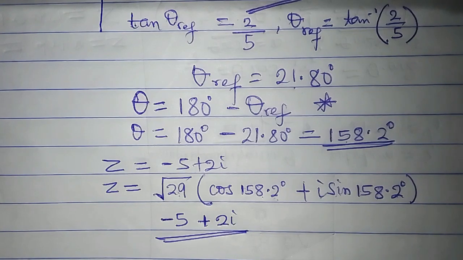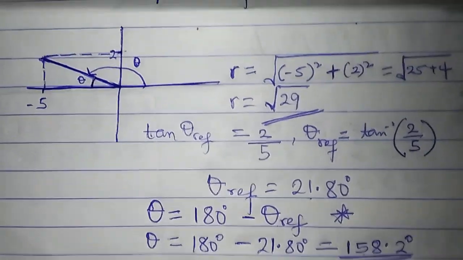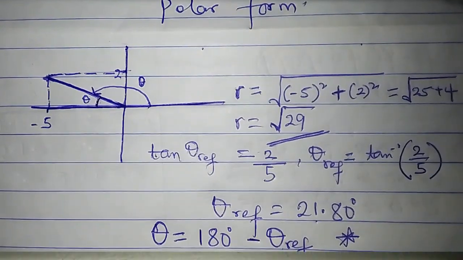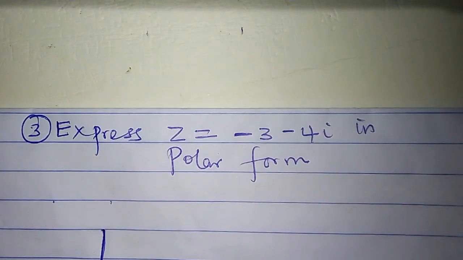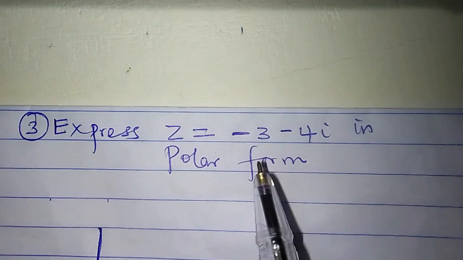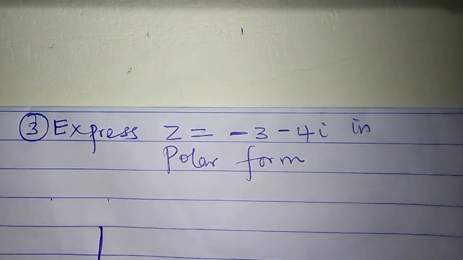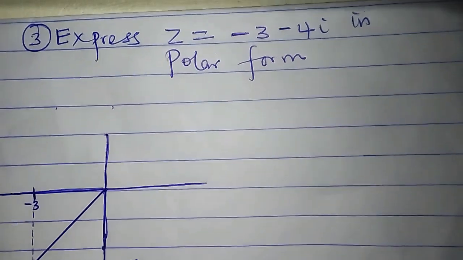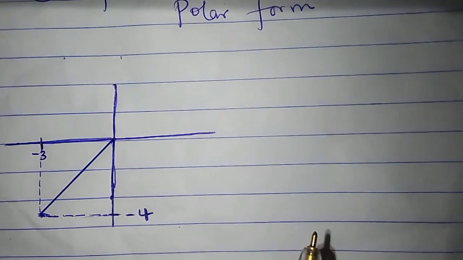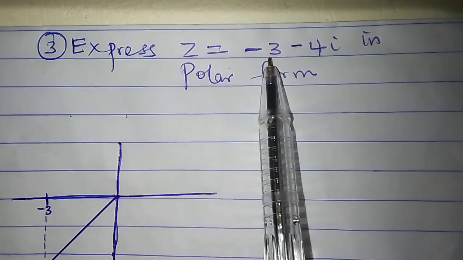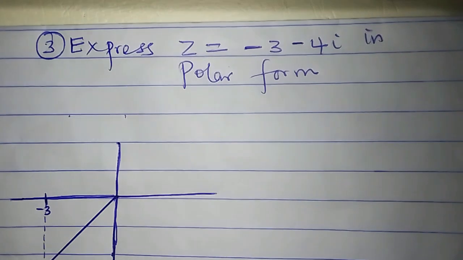Let us see the next question. This time around, the complex number will be in the third quadrant. All right. Let us express z equal to minus 3 minus 4i in polar form. If we sketch that on an Argand diagram, we are going to have this, okay? Both real and imaginary are negative, okay?